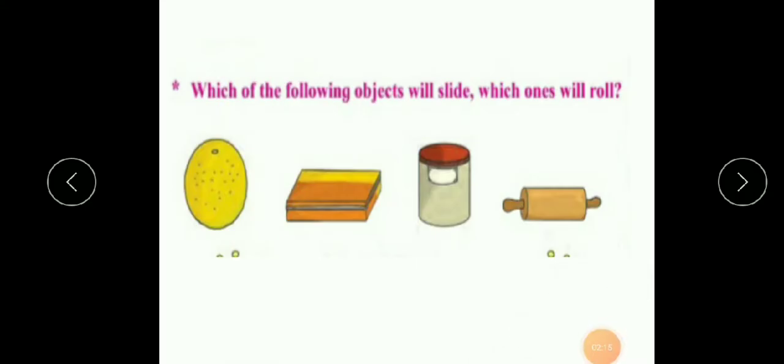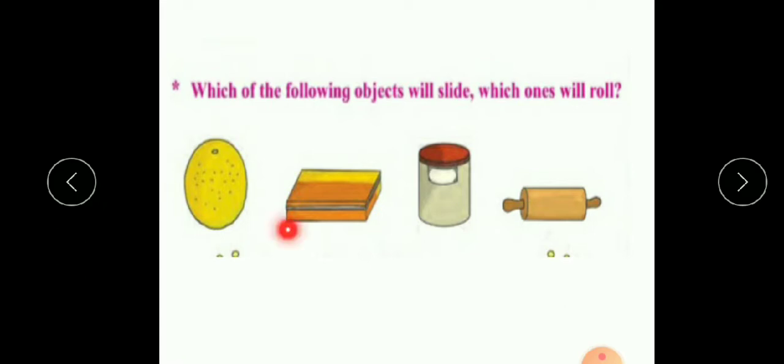Now see next question. Which of the following objects will slide? Which one will roll? Children, there are two new terms. First one is slide and another is roll. Now what is meant by slide? Slide means to move something along a straight line, to move without turning or rolling over.